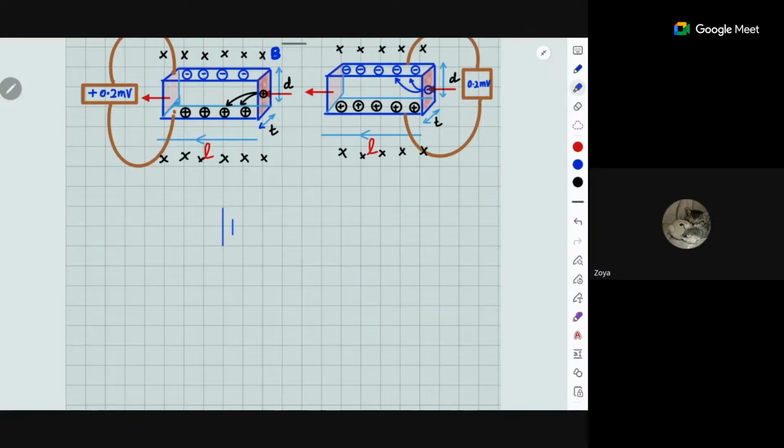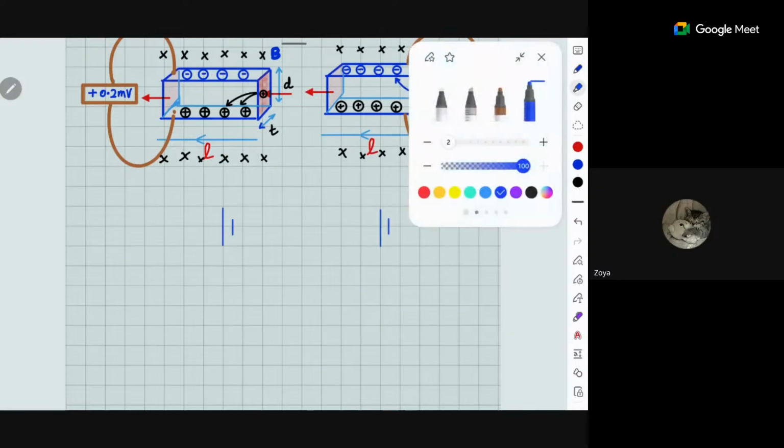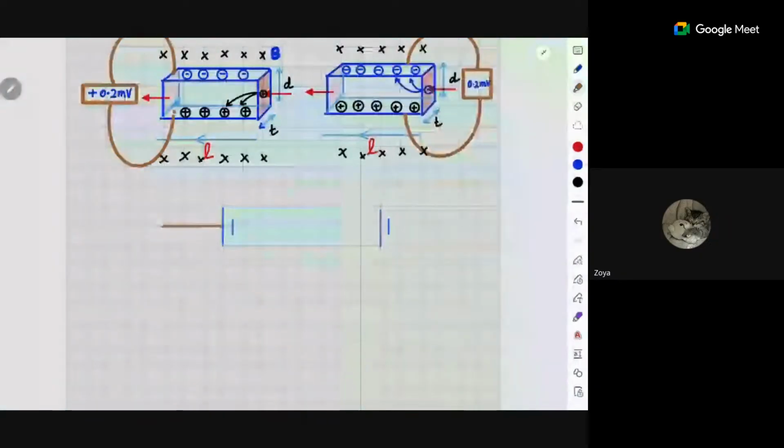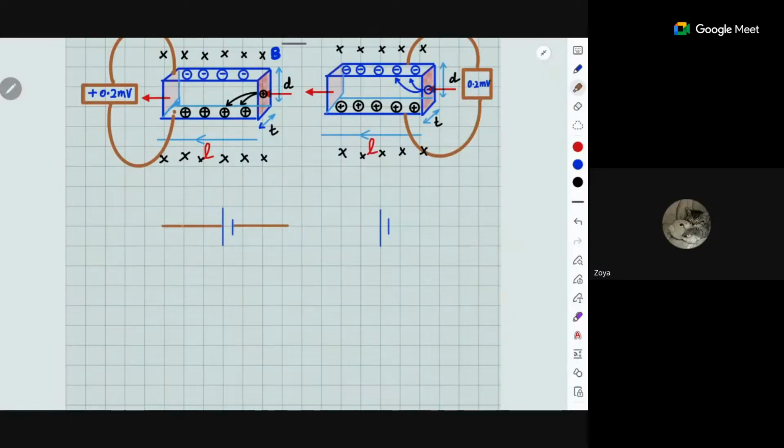This is a battery, and you are going to connect a voltmeter with this battery. What do you expect if I connect the voltmeter with this part of the battery? What is the voltmeter reading? 0.2 millivolt positive.